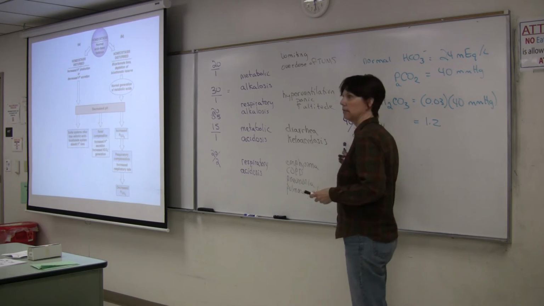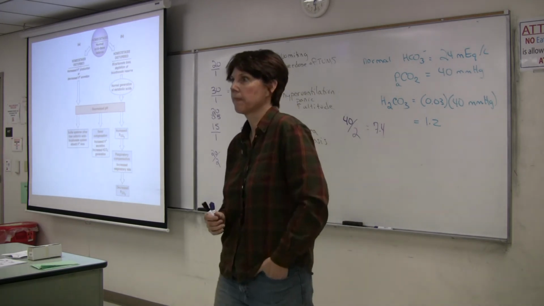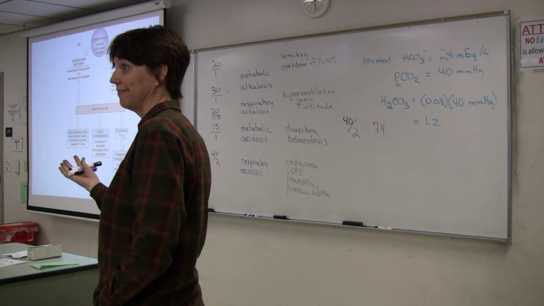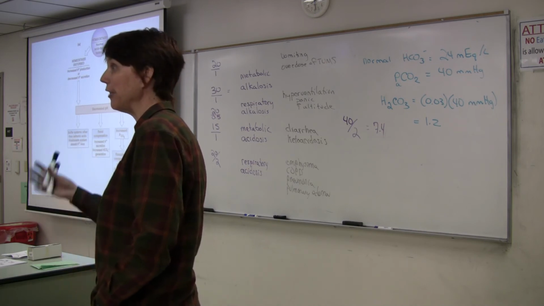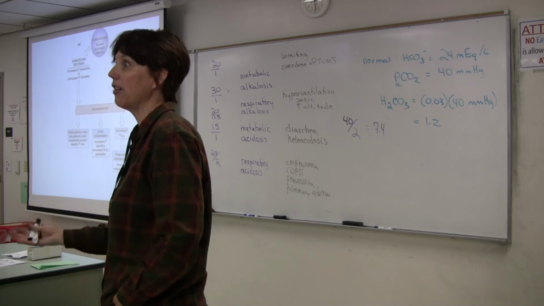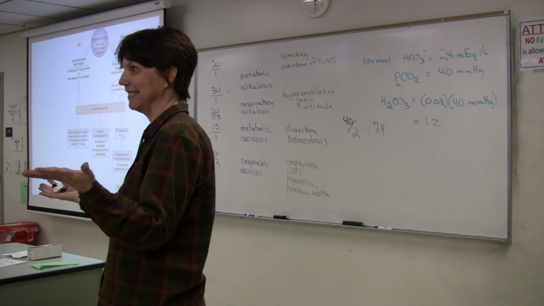What caused this? Was this originally acidosis or alkalosis? You don't know if the cause was respiratory or metabolic, which is why in the extra credit I tell you, because if it's fully compensated, you have no idea.